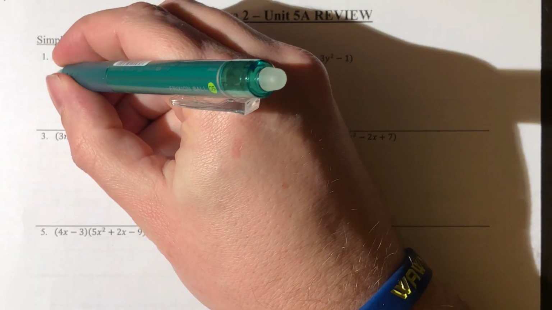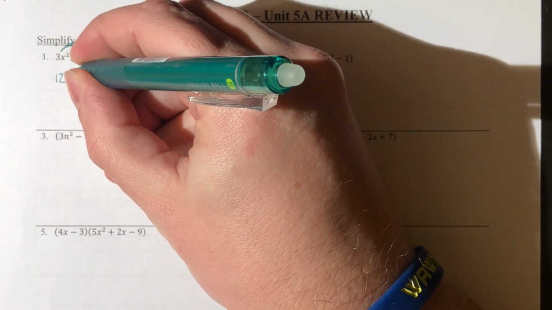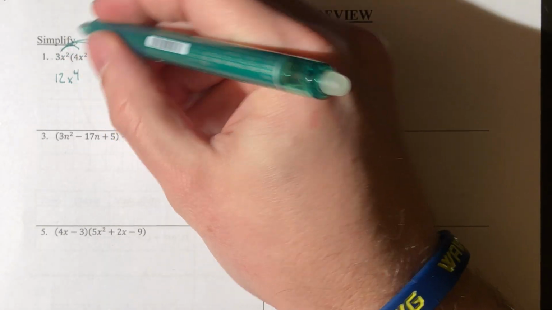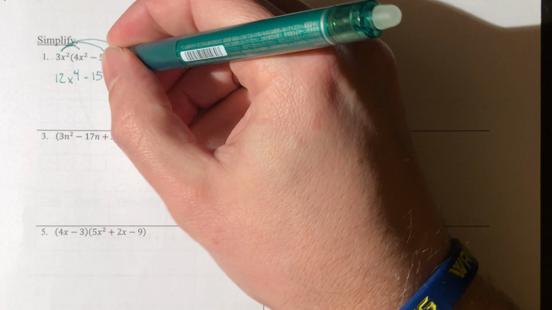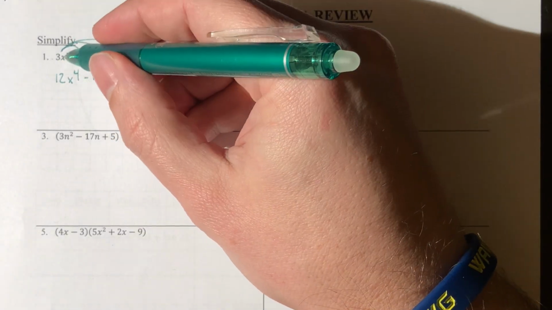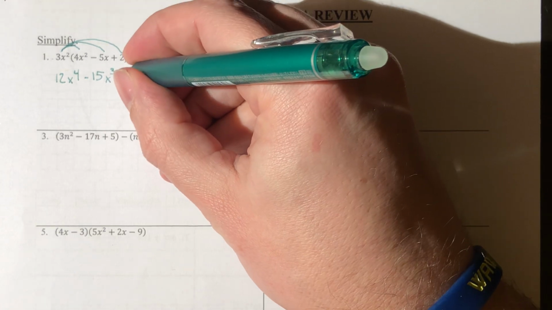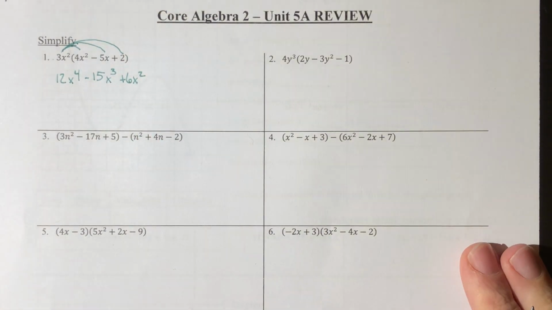So 3 times 4 is going to be 12. X squared times x squared gives me x to a power of 4. And then 3 times negative 5 will be minus 15 with x cubed. And 3x squared times 2 will be plus 6x squared.